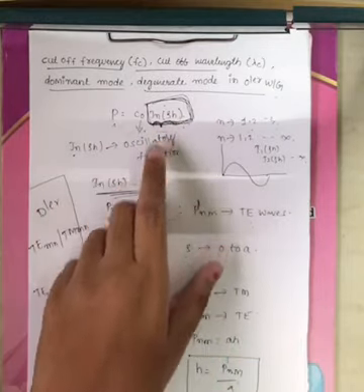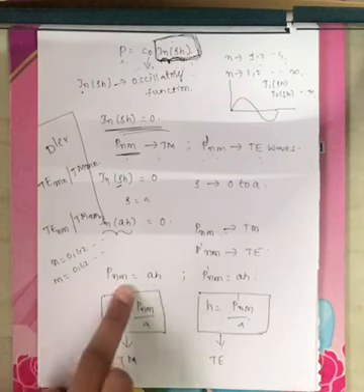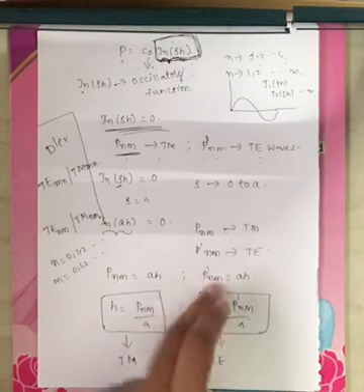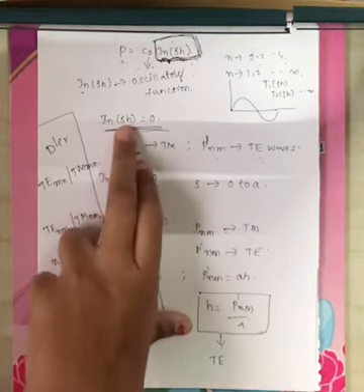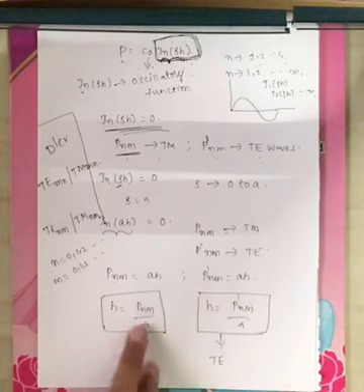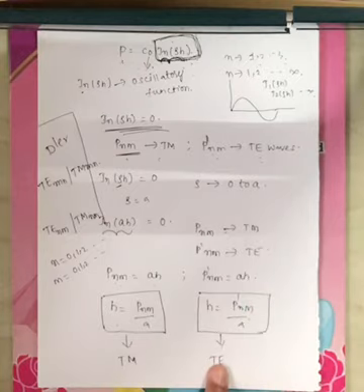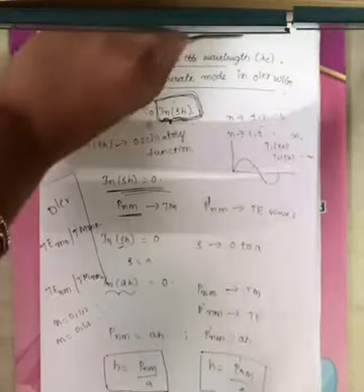Those roots are represented by Pnm under TM mode of propagation and P dash nm under TE mode of propagation, right? Now rho is varying from 0 to a. You substitute rho equals a. That's why you will get Pnm equals ah under TM mode and P dash nm equals ah under TE mode.